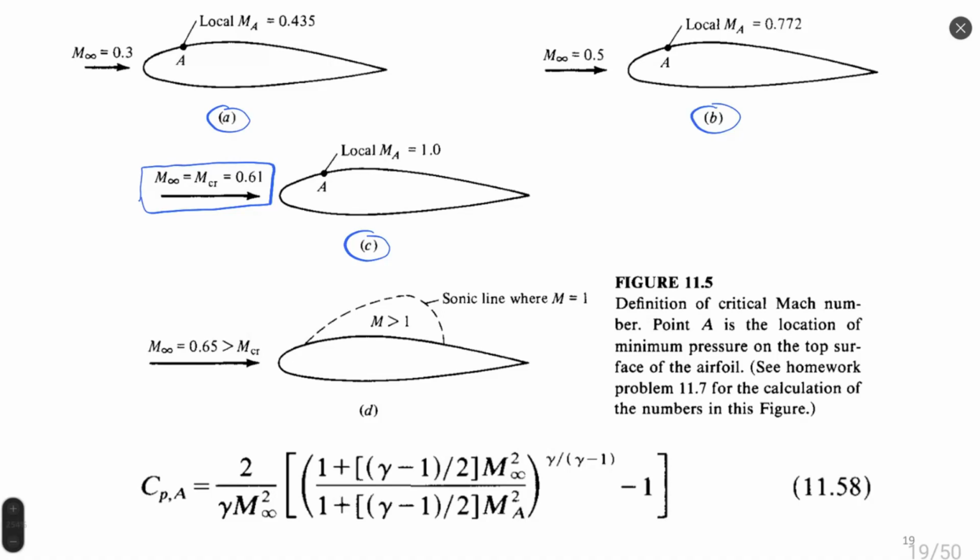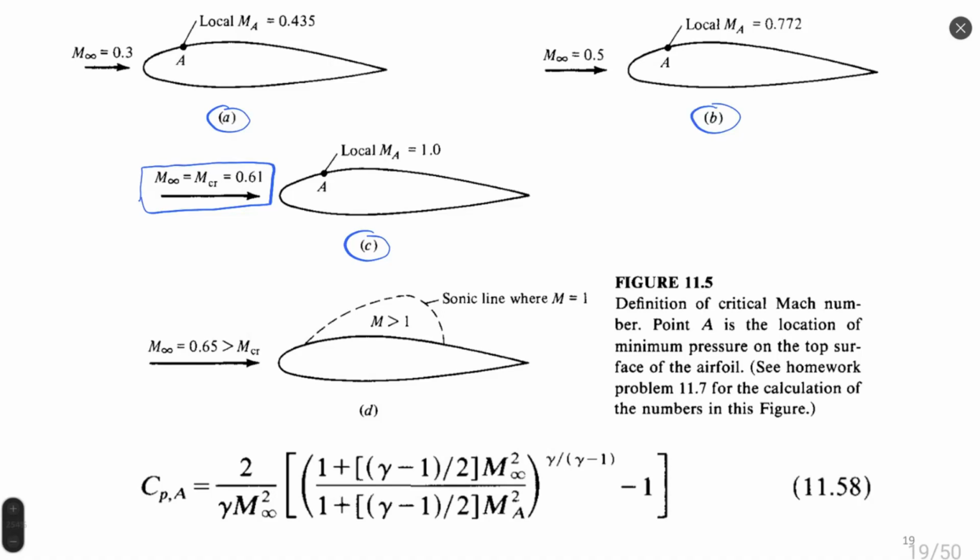This critical Mach number is the Mach number of flight at which we locally obtain Mach 1 at at least one point on the surface of our airfoil. What happens next if we try to accelerate more than 0.61?